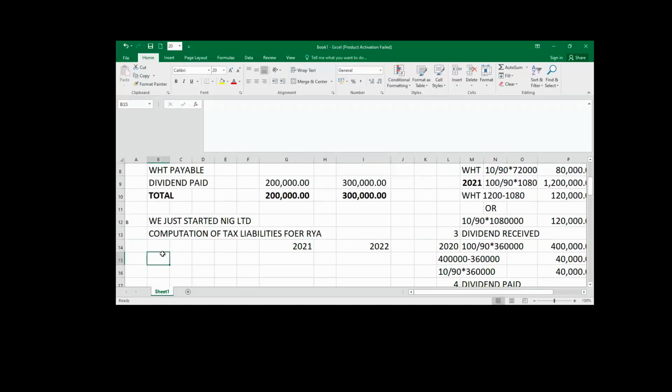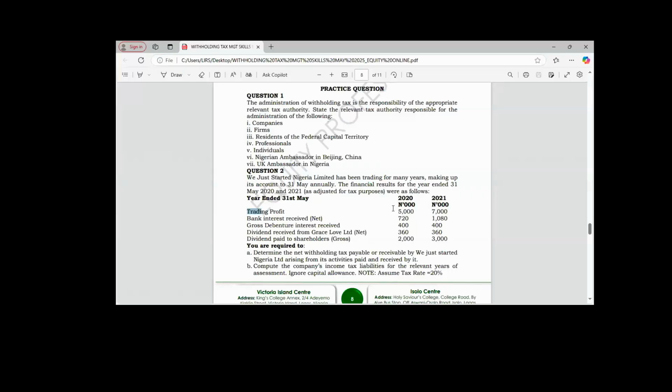So tax will be payable on a preceding year basis, but the withholding tax is payable on an actual year basis. So the tax will now be payable on their income. The first income they generate is trading profit. We have 5,000 and 7,000. So we are going to pay tax on that.